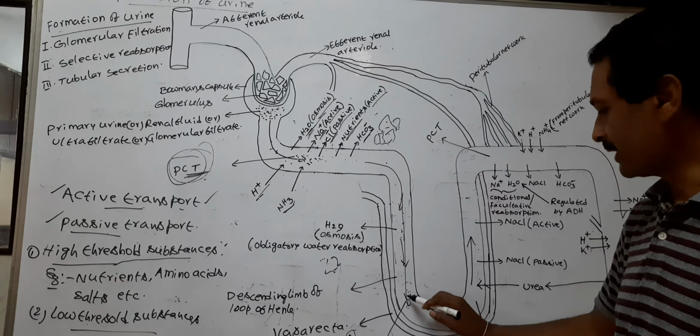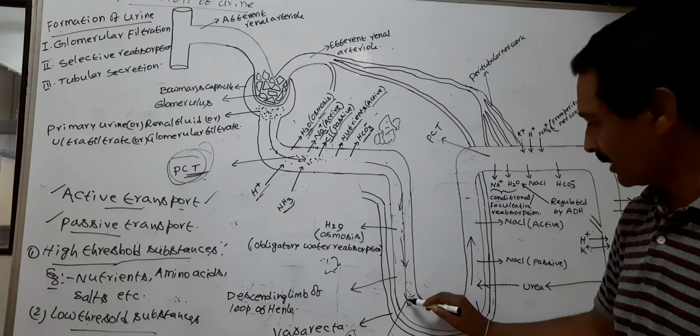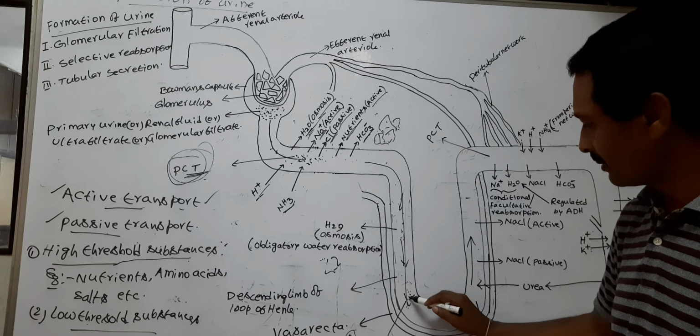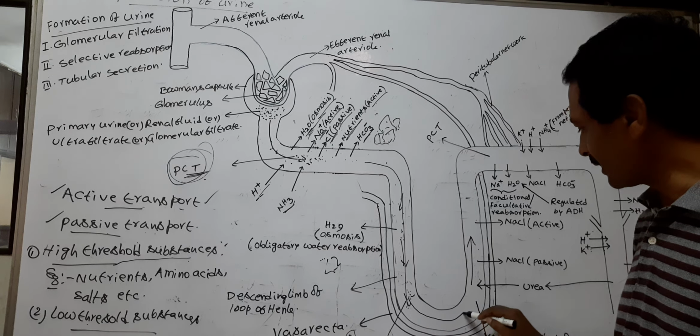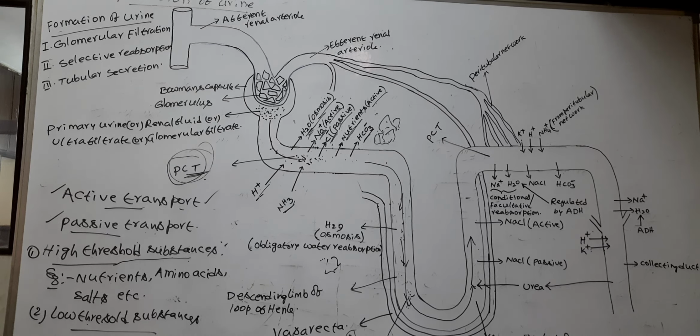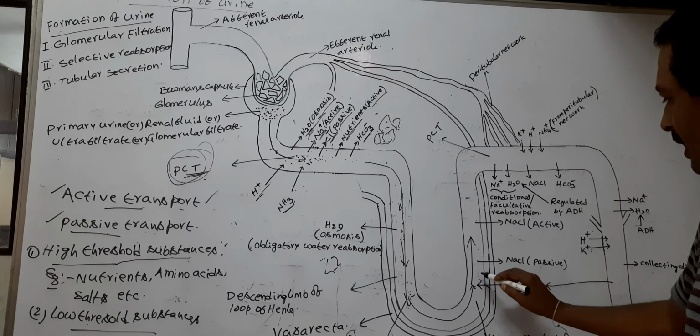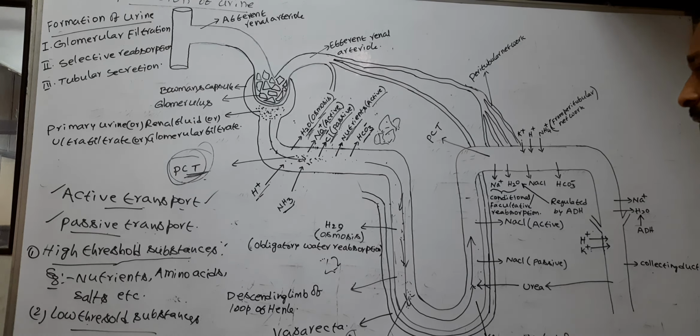Now the concentrated primary urine enters into the ascending limb of loop of Henle.